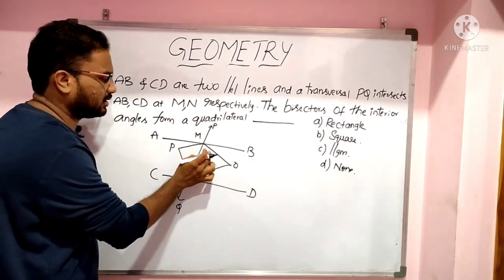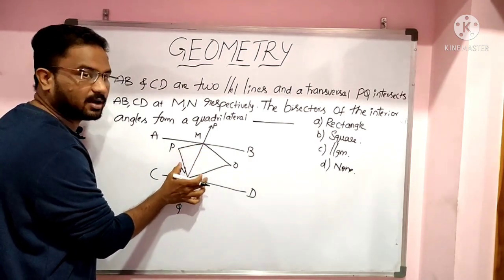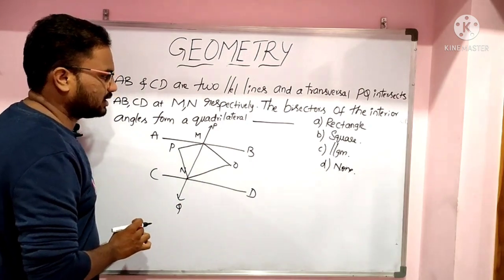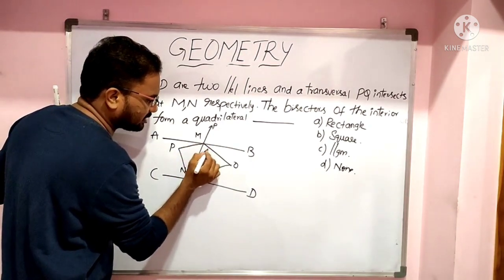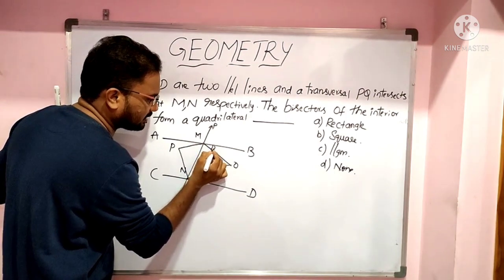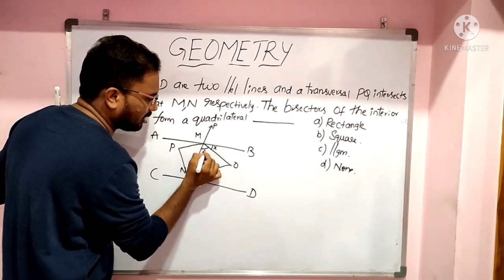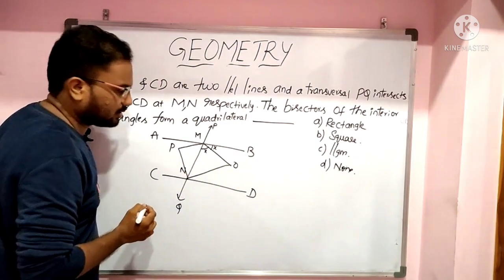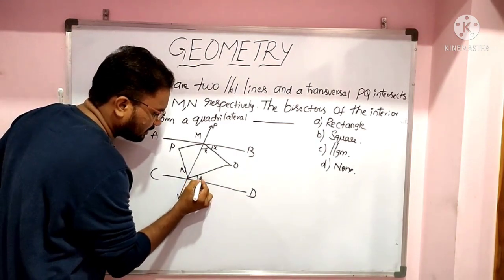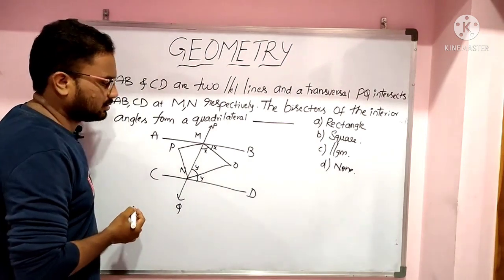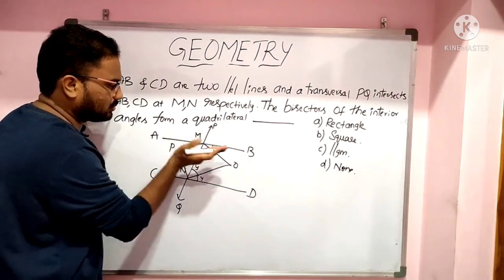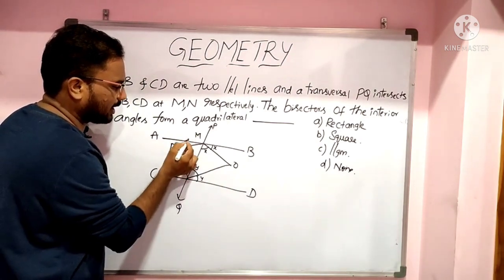These are the interior angle bisectors. If this is X, then this will be X, and if this is Y, then this will be Y. AB and CD are parallel lines.